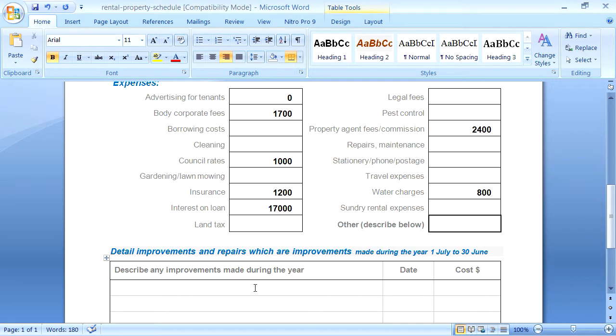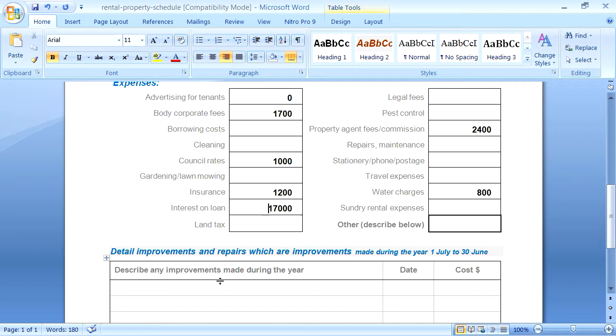And the reason for that is that repairs which are essentially restoring the condition of the property to how it was when it was first rented are usually tax deductible straight away, but some improvements are capital in nature, which means you still get to claim the deduction, but it's spread out like butter over toast over a number of years, because the useful life of the thing that you've done is longer than a year.